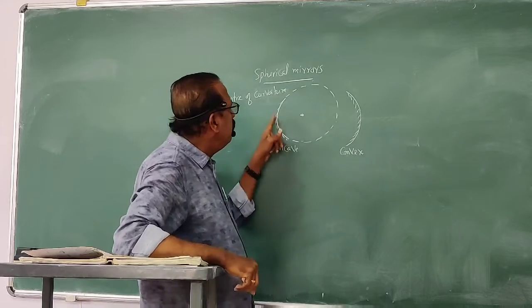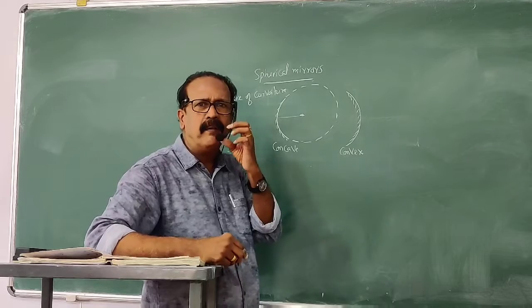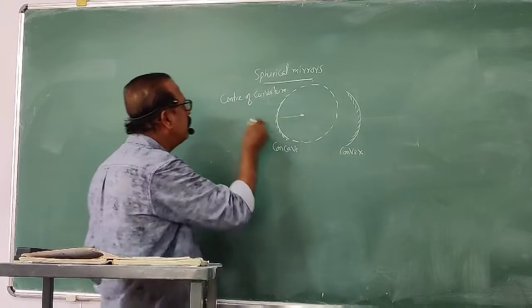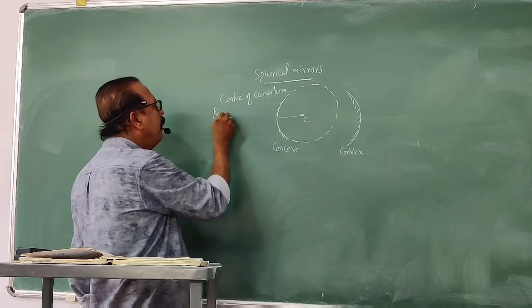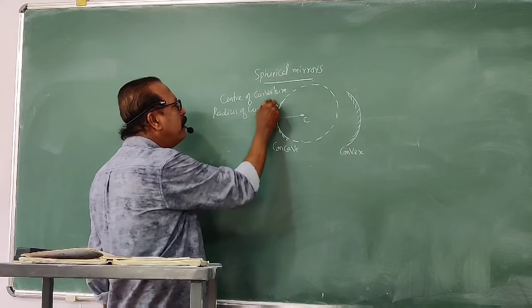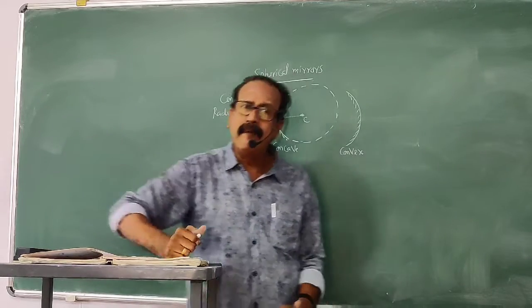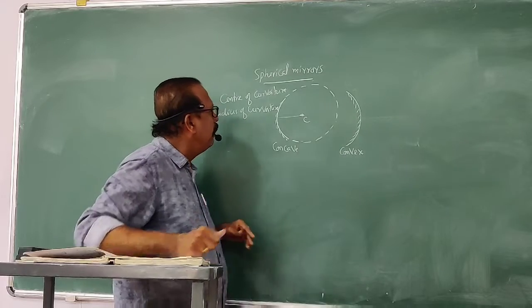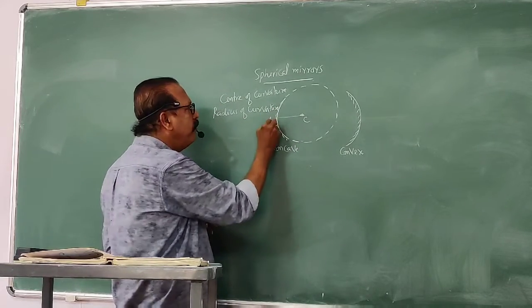And the radius of this sphere is what you call the radius of curvature. This is the center of curvature, and the radius of curvature means the radius of the sphere of which the mirror is a part. Then, the geometric center of the reflecting surface is called the pole.